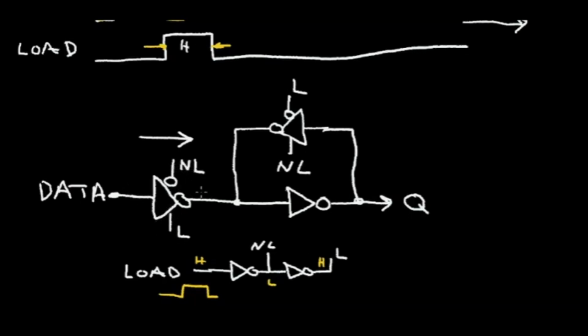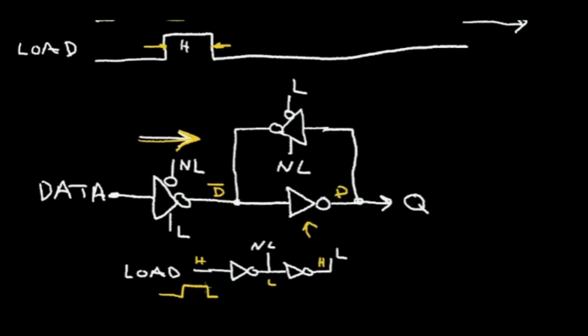The data will pass through this first tri-state driver and actually be inverted, and it will become not data at this node. Now this inverter here will take that data and invert it back to data.